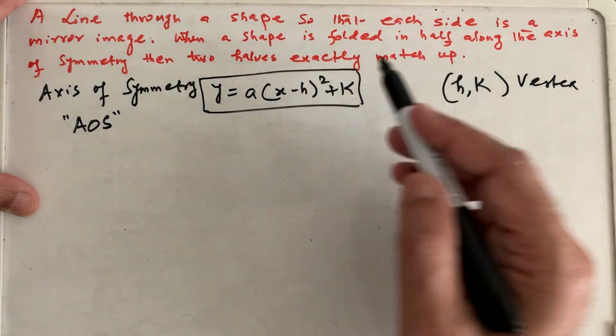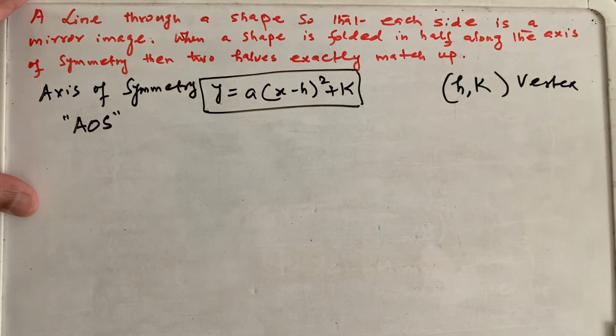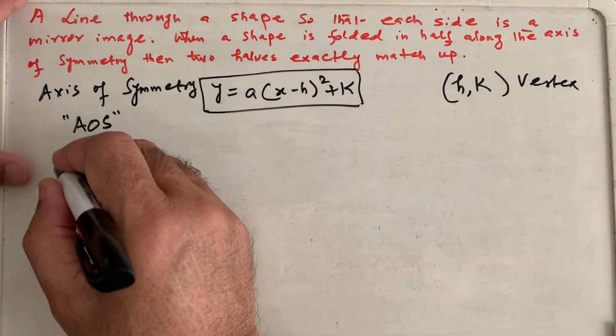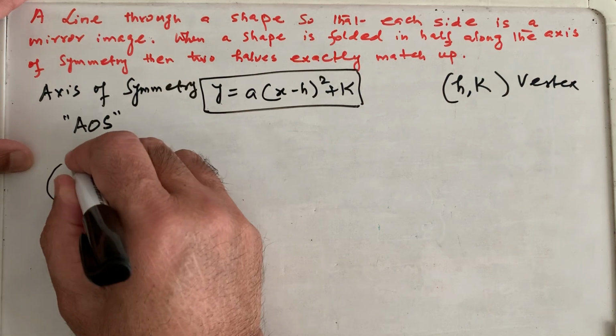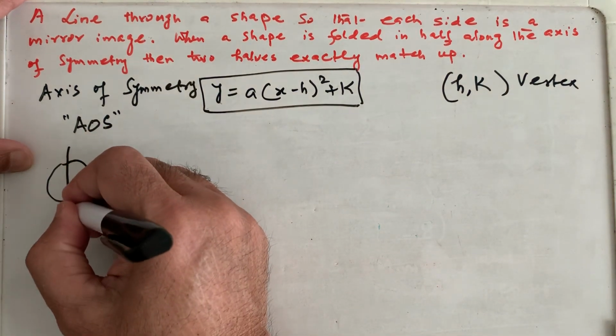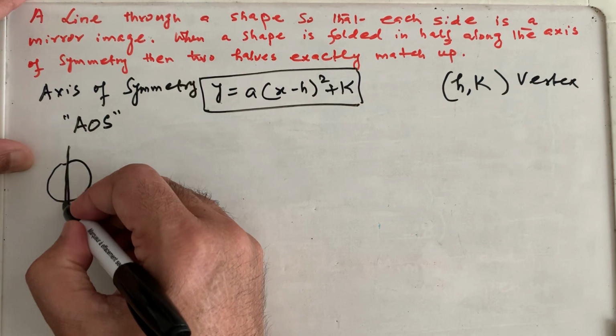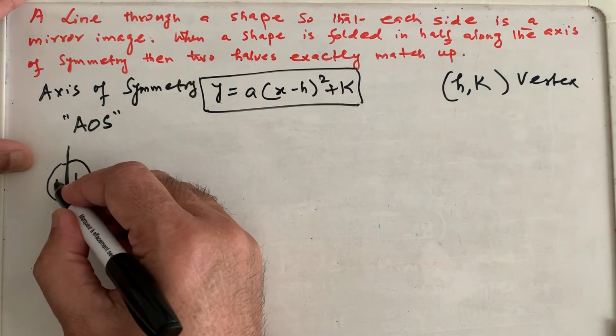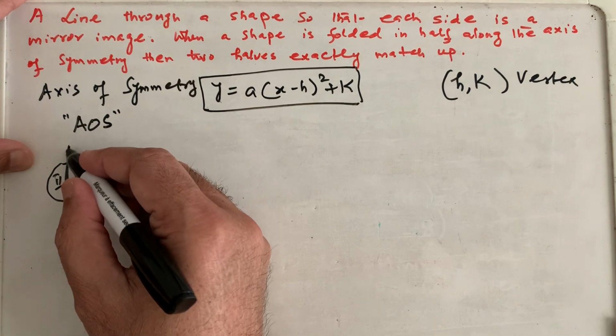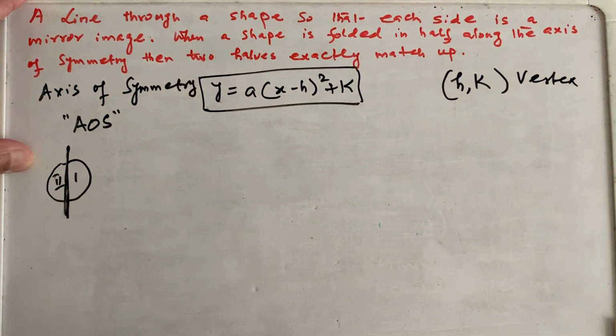When a shape is folded in half along that axis, the two halves exactly match up. Any picture has an axis of symmetry if it is an exact mirror. If we fold it on this line and this part matches up with that part, we say that this line is the axis of symmetry, or AOS.